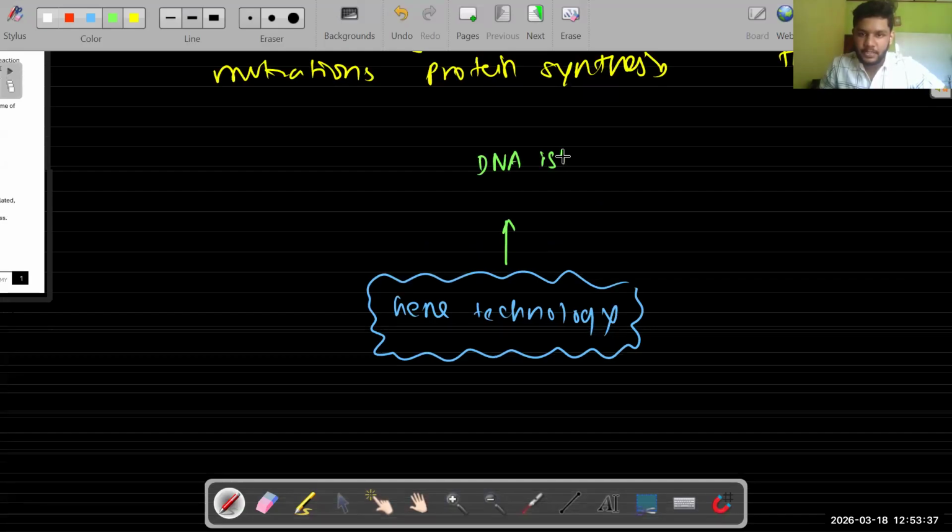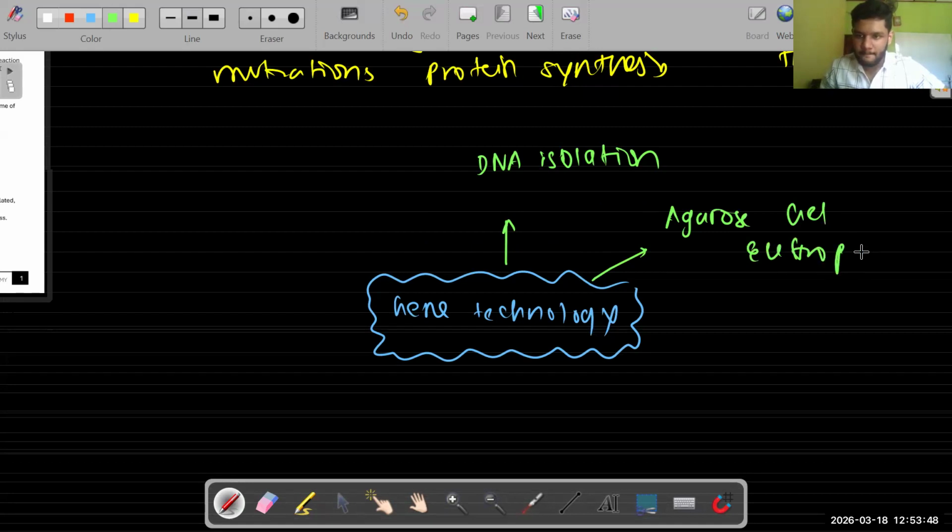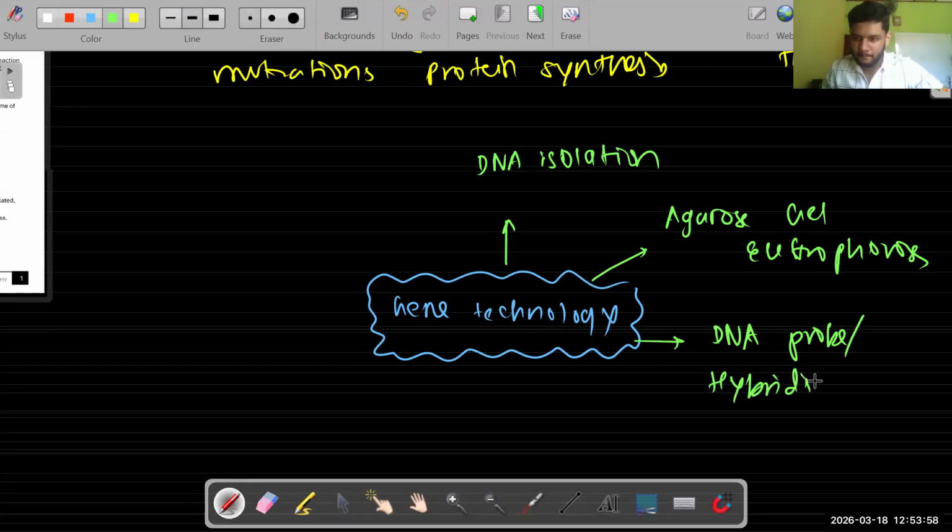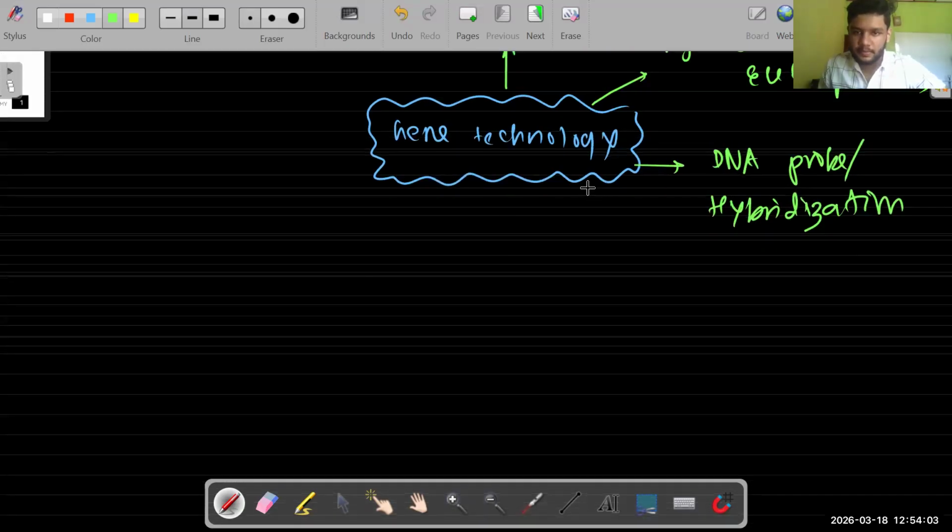DNA isolation. Second will be agarose gel electrophoresis, and then we'll be introduced to DNA probe and hybridization, and then vectors, cloning.